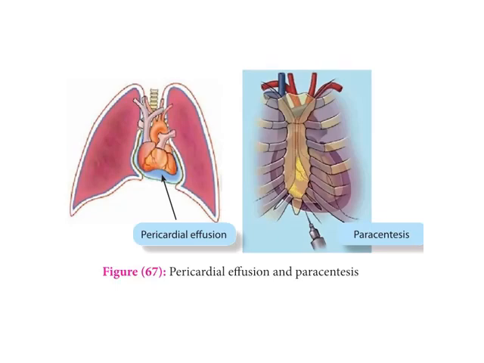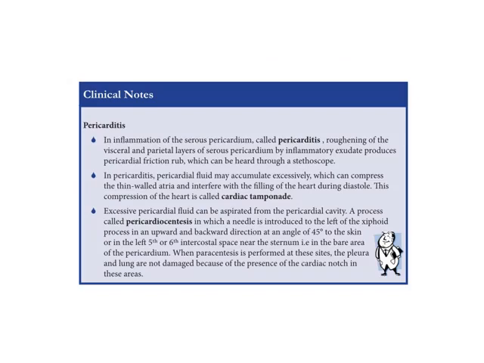Pericarditis is an inflammation of the pericardium. Pericarditis is an inflammation of serous pericardium; a roughening of the visceral and parietal layers of serous pericardium by inflammatory exudate produces pericardial friction, which can be heard through a stethoscope clinically.